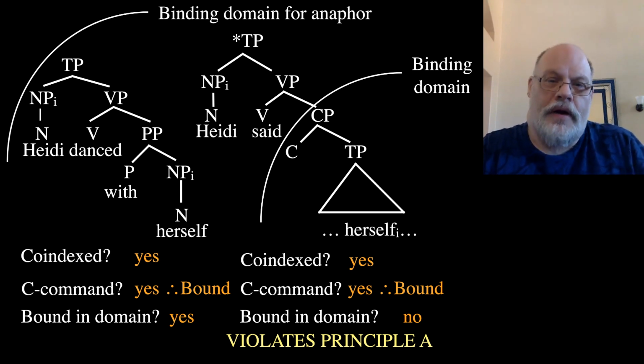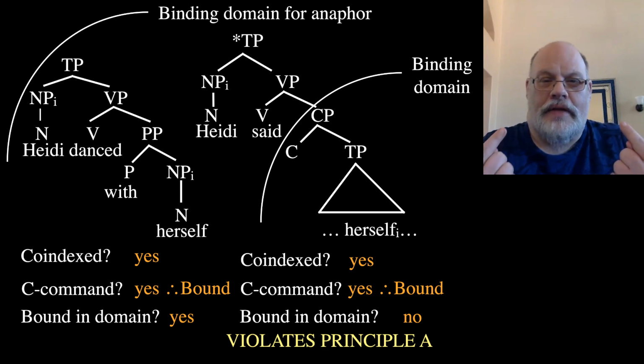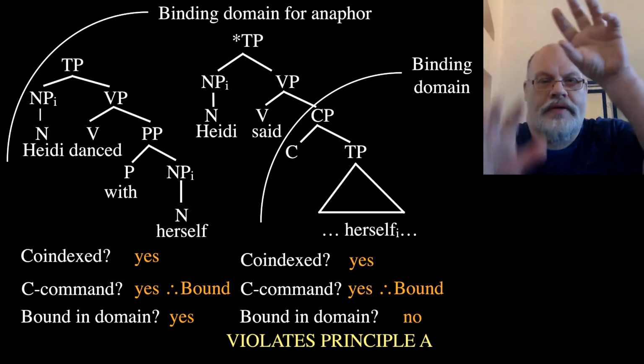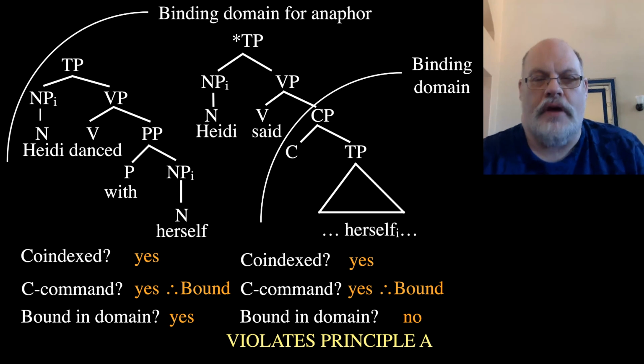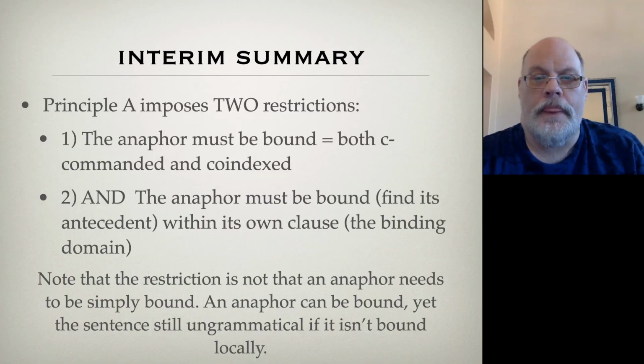So when you're doing problem sets in binding theory, don't try to fix the sentences. Instead, try to identify why they're either grammatical or ungrammatical. That's an important part of trying to figure out why the structural relationships in the tree are relevant. Yes, you can fix the sentences, but that's not our goal. Our goal is to explain why some sentences are acceptable and others are not.